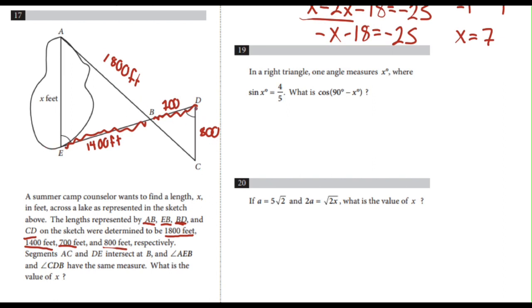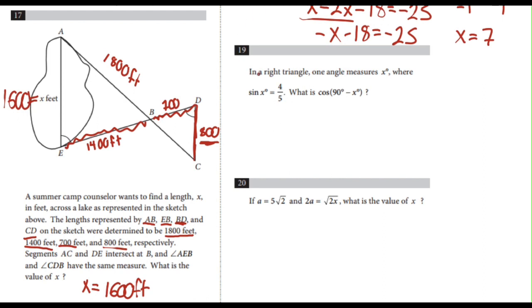So since C to D is 800, A to E must be double that. So we can conclude that x equals 1,600 feet because the bigger triangle ABE has lengths that are double the smaller triangle BCD.